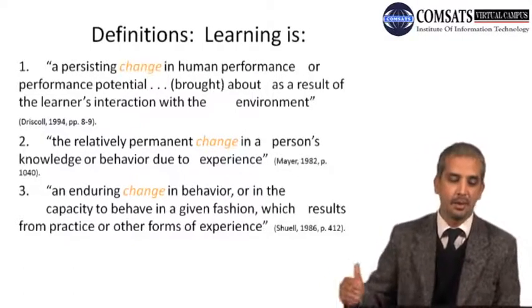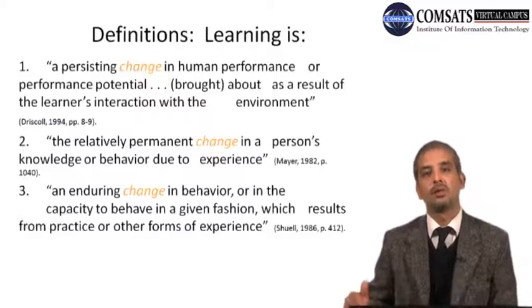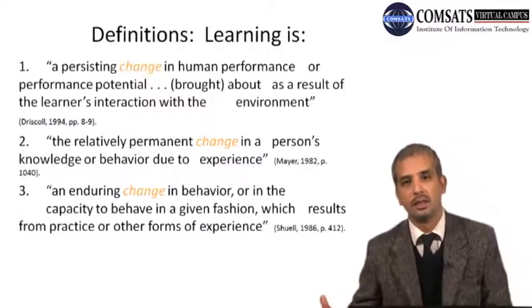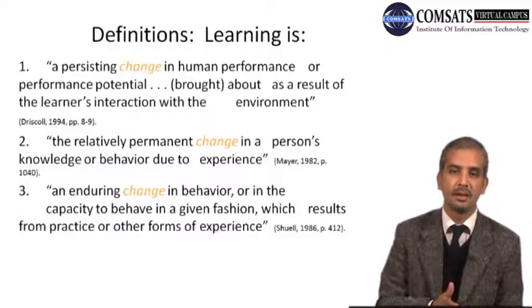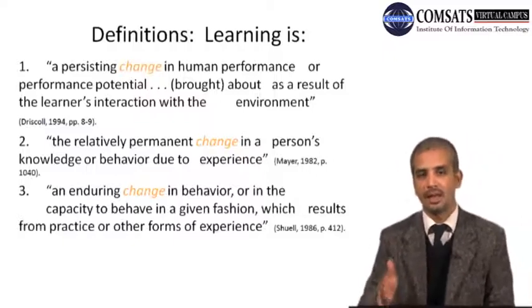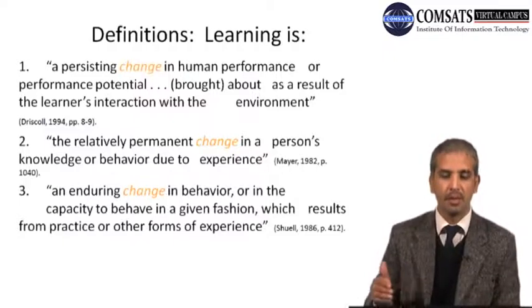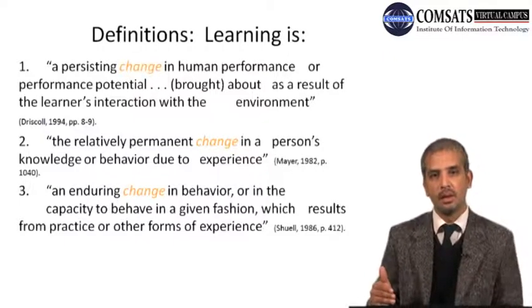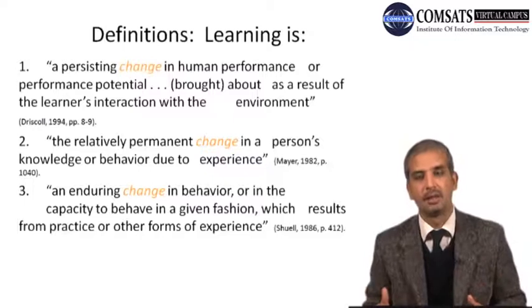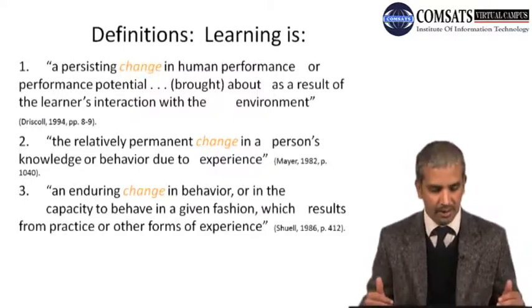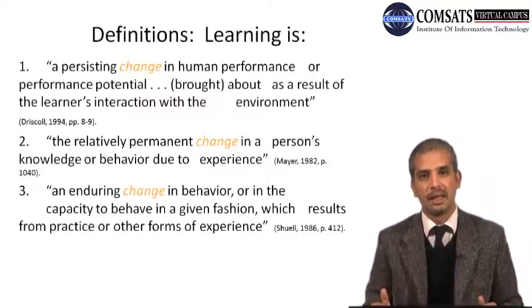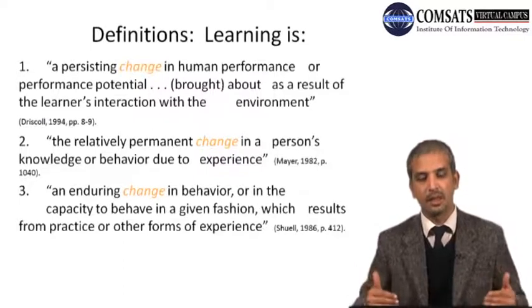Another important aspect is that it is also about the performance potential. One is realized performance and the other is performance potential, and any knowledge acquired by the individual based upon his interaction with the environment results in the learning process.